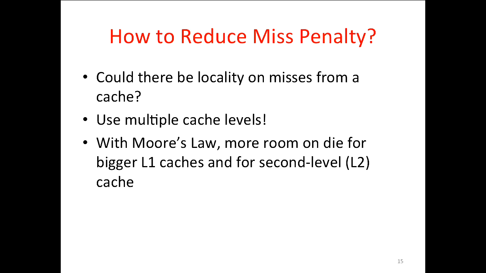And so, as transistor scaling has continued, we've been able to put more and more transistors on a chip. And if we just used those to make a single level of cache that was as large as the whole chip, it would be very slow. As you scale things down proportionally, it takes a long time to get across the chip to access all of memory. So you don't want to just put a huge single level cache on the chip.